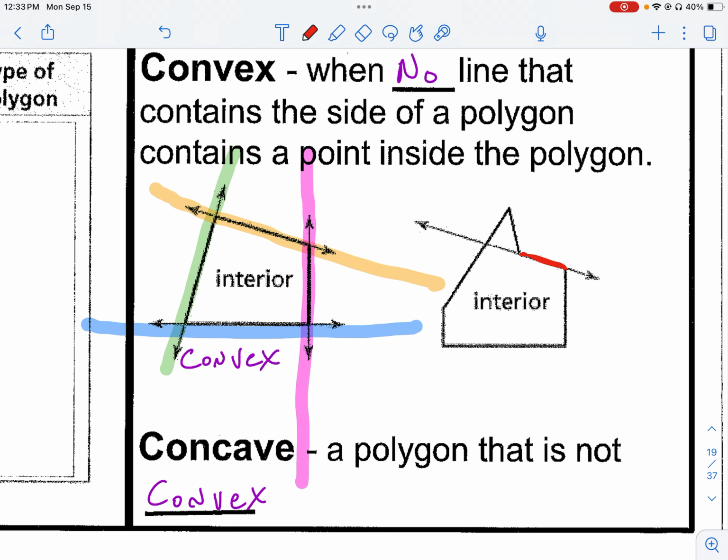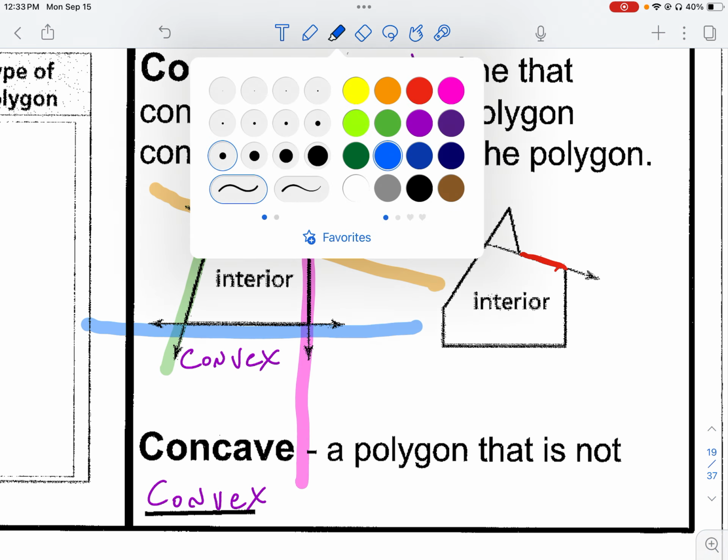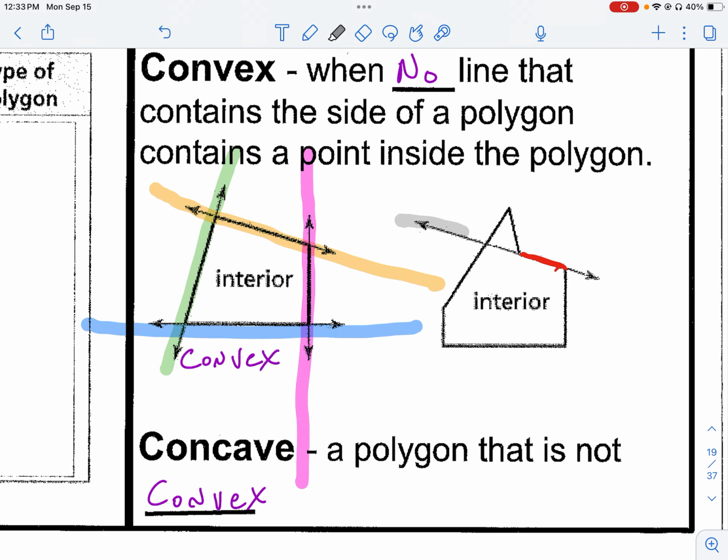But if I take this side here and extend it into the line that contains that segment, it does go inside. So this polygon is going to be concave. An easy way to remember it is you can go inside a cave.